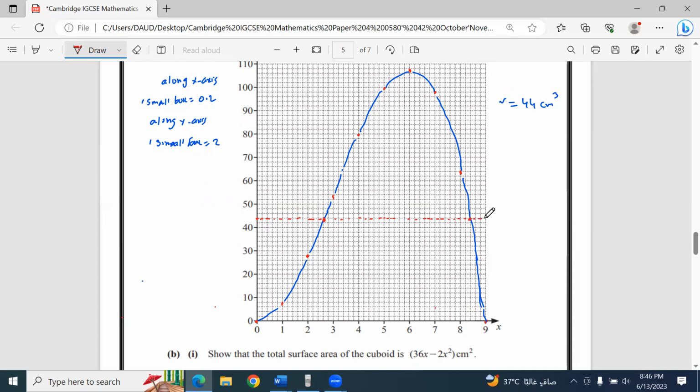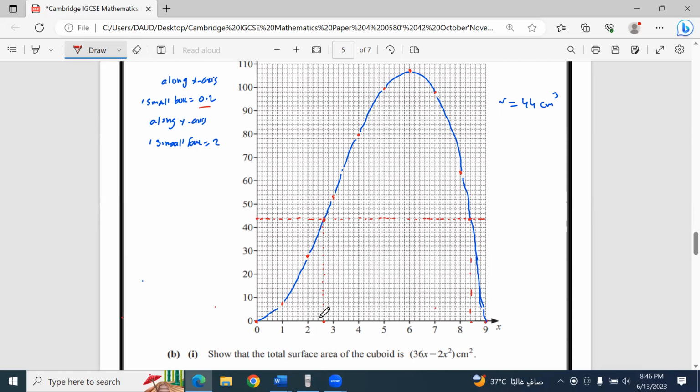This is another point. So we found 2 points. One point is here, which we go down to find that point. And this point, if you go straight away down, it would be after 8, 2 boxes, means 8.4. Along the x-axis, one box is 0.2.